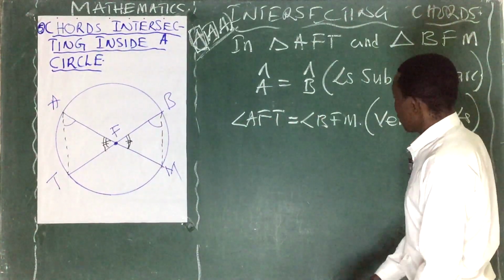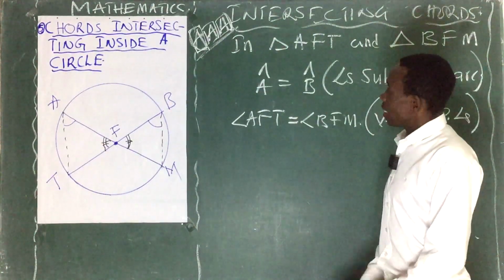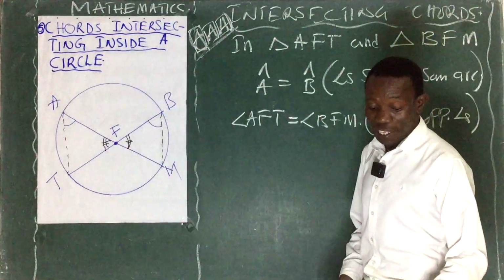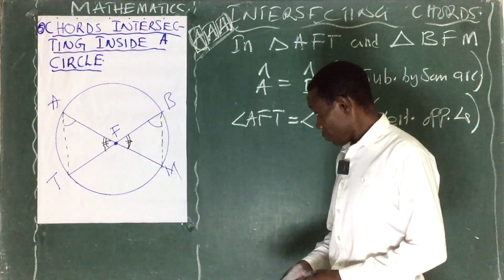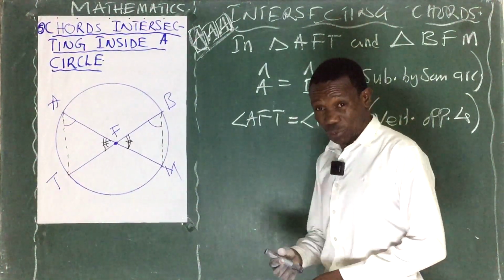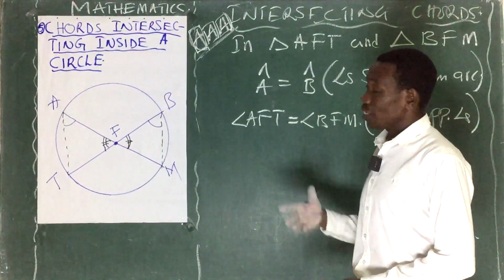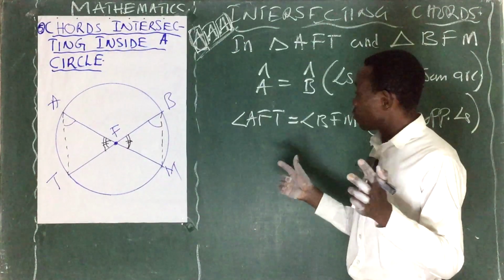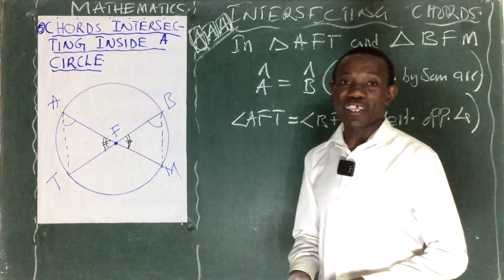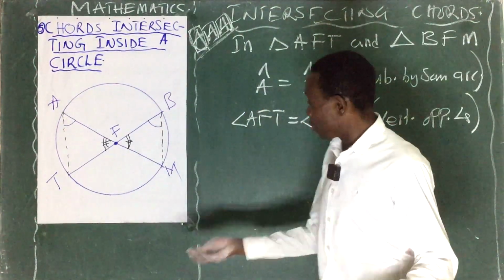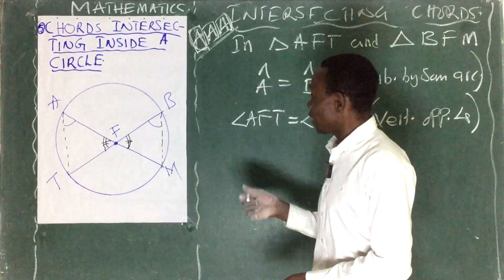Why? Vertically opposite angles. Next, we have the last A in the equiangular test, which signifies another pair of equal angles in the two triangles. Actually, we need not even bother to work out the last one. As two pairs of corresponding angles are equal, we expect the third pair to be equal too, because the sum of the interior angles of a triangle is 180 degrees.